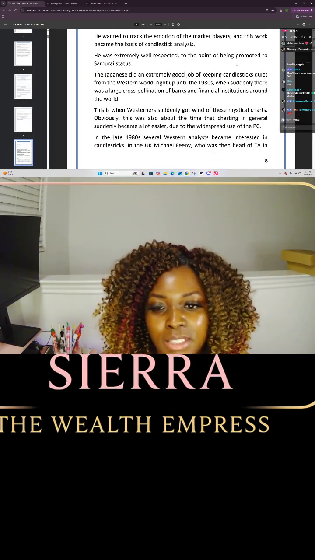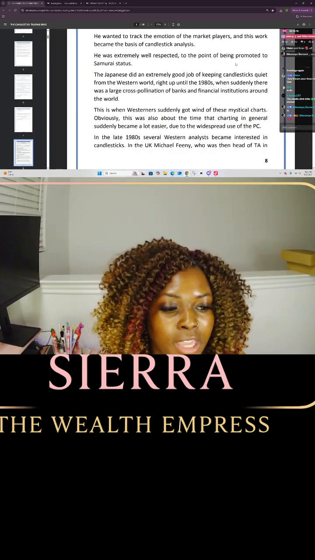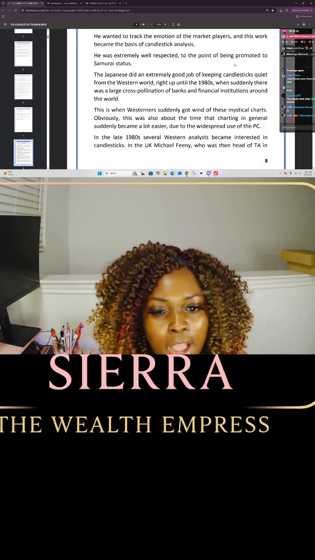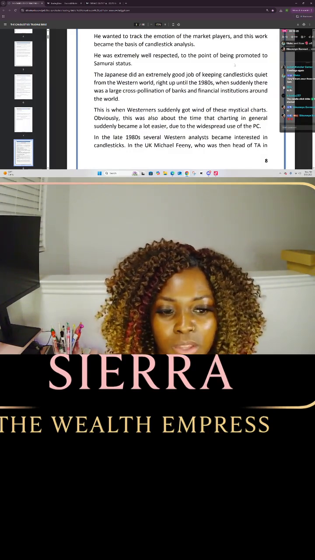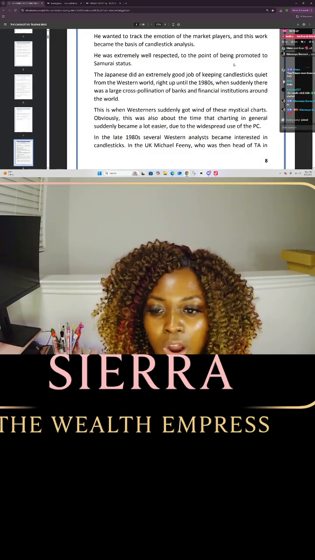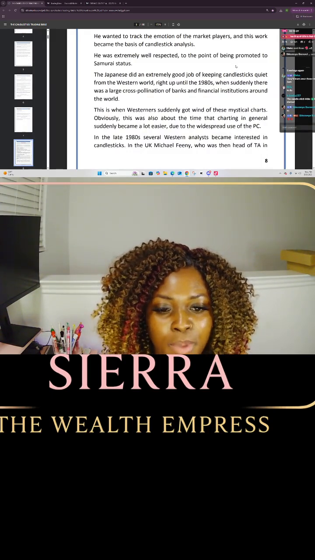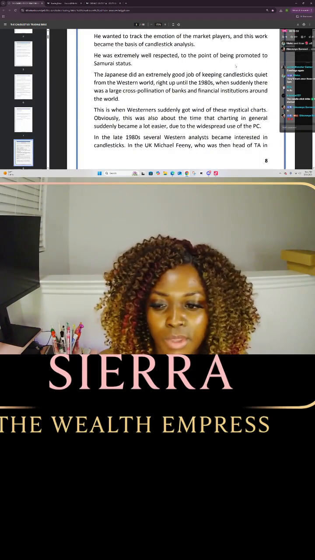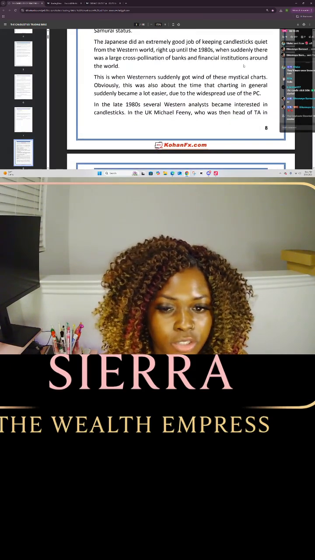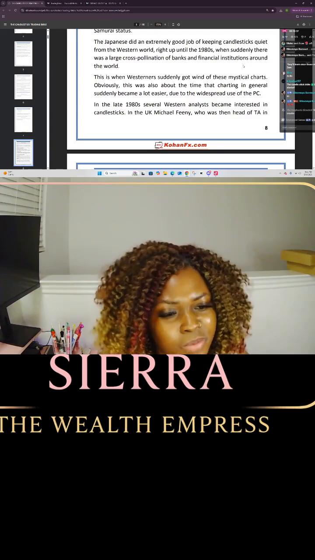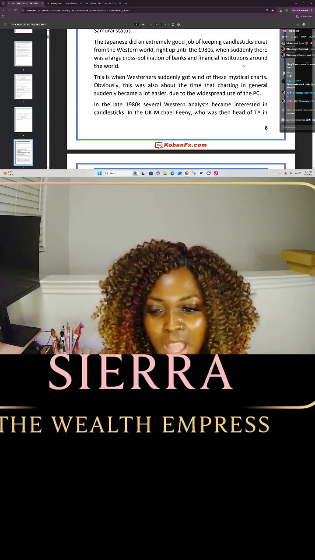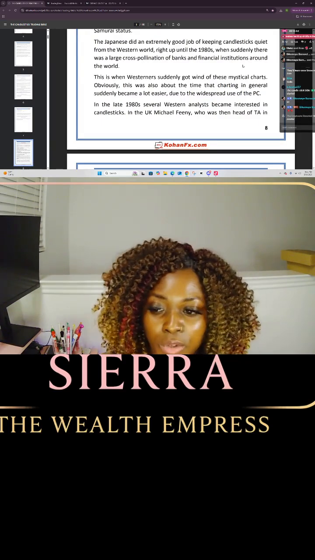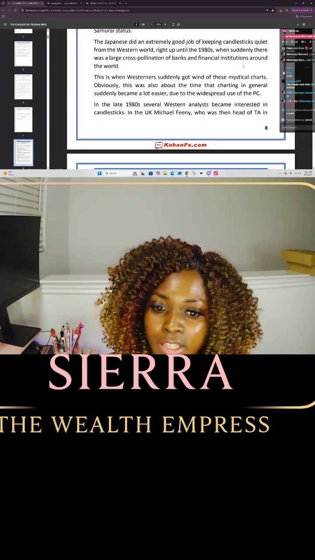The Japanese did an extremely good job of keeping candlesticks quiet from the Western world right up until the 1980s, when suddenly there was a large cross pollination of banks and financial institutions around the world. This is when Westerners suddenly got wind of these mystical charts. Obviously, this was also about the time that charting in general became a lot easier.